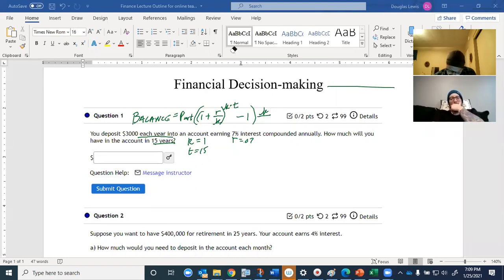It's K over R, not K over T. Some of them divide by R over K. And I hope you remember that in fractions, if you're dividing by a fraction, you can invert it and multiply by the reciprocal, K over R. So that's what the formula looks like. And so our payment is going to be $3,000. So you'd have to put that into your calculator and be careful and make sure you get everything done properly and all those little details to make sure you get the right balance.